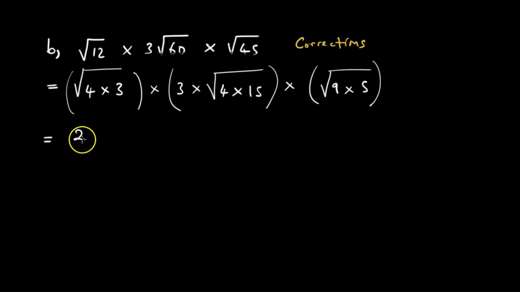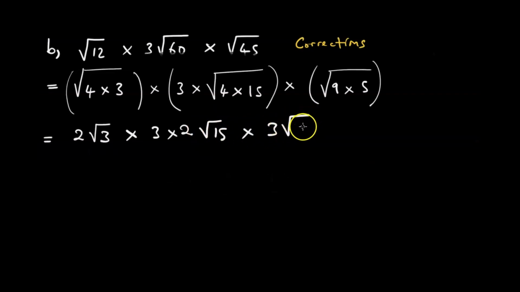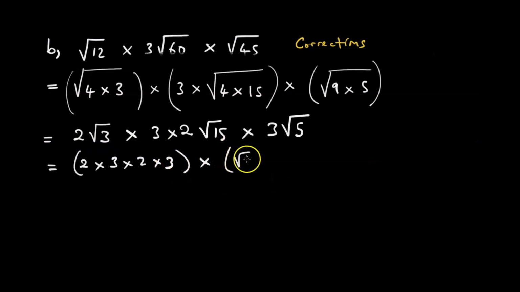From here, we get 2 root 3 multiplying 3 times 2 root 15 multiplying 3 root 5. So we multiply the numbers on their own, 2 times 3 times 2 times 3, and multiply the square root of 3 times the square root of 15 times the square root of 5.